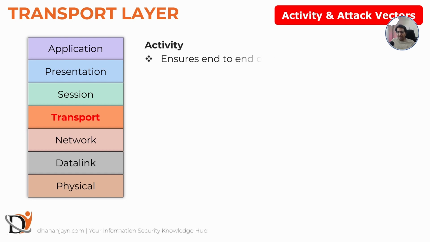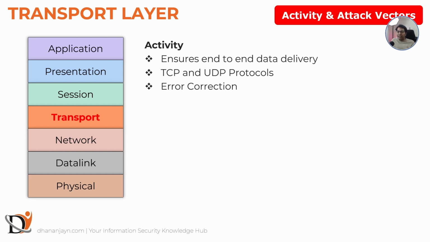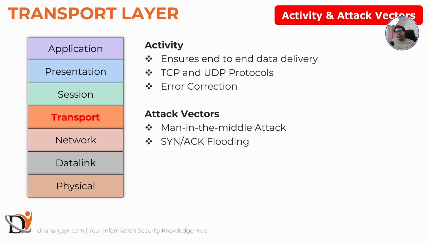Now if we understand the activity and attack vectors, this layer ensures end-to-end data delivery. TCP and UDP, the services, are used. Error correction is again an activity that happens at the transport layer. Now attacks: while the data is in transit, there is a well-known attack called the man in the middle attack that is possible at this stage. Then again, SYN and ACK flooding.